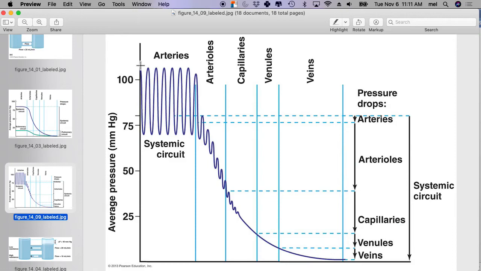No. What you have in, for instance, your systemic arteries is the pressure is going to be really high right after ventricular contraction and much, much lower right before the next ventricular contraction. And of course, this correlates to taking your blood pressure, and the top number correlates to systolic, which is here, and this is diastolic. Yeah? Okay, so the pressure is more variable and higher in arteries than it is in veins.